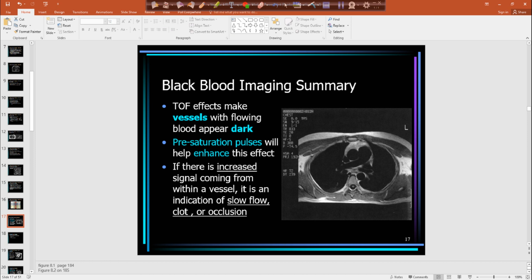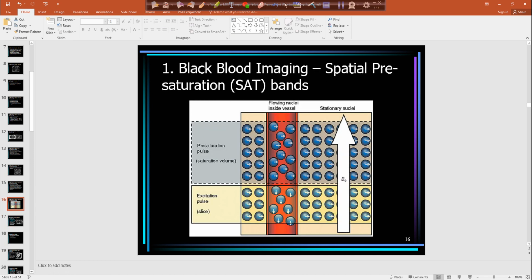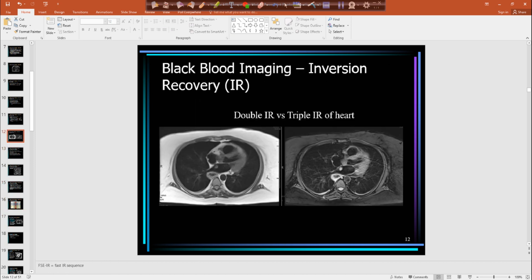So if you have an increase in signal coming from a vessel, this is an indication of slow flow, clot, or an occlusion. Just like the image we had before, where we had a thrombosis within that pulmonary vein, that is indicative of a slow blood flow or a clot, which is a thrombosis.